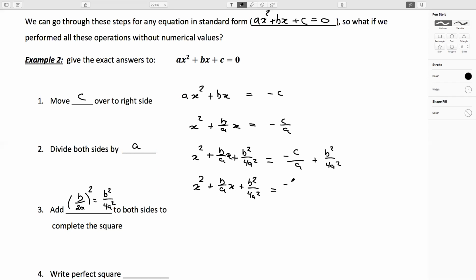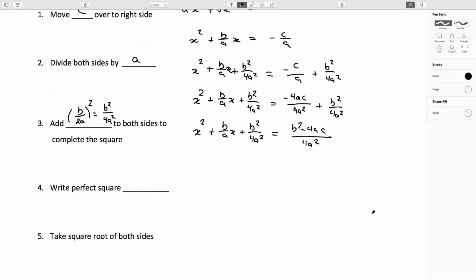And it will become minus 4ac over 4a squared plus b squared over 4a squared. And then one more line, x squared plus b over a x plus b squared over 4a squared equals b squared minus 4ac all over 4a squared.